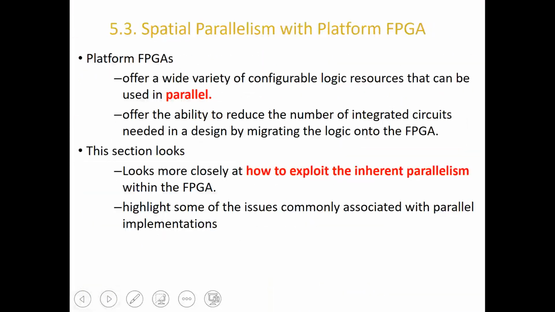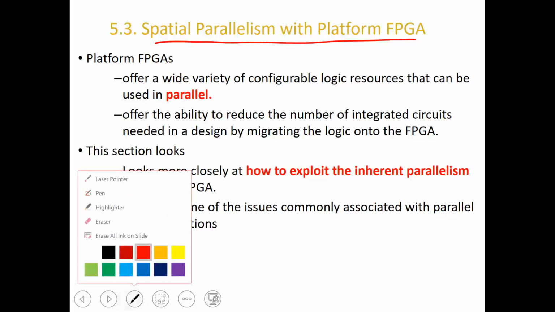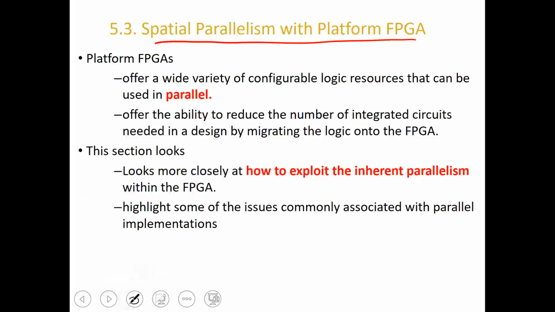Now we said that we would like to talk about spatial design within the FPGA platform. The FPGA platform offers quite a few resources, and we have covered those in previous chapters. Like what?